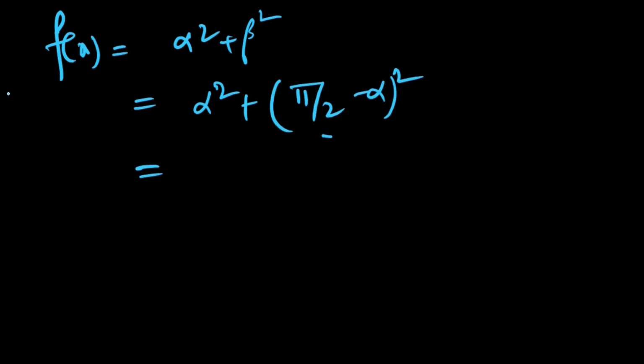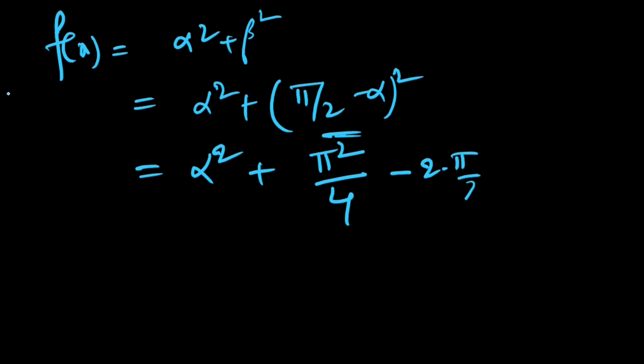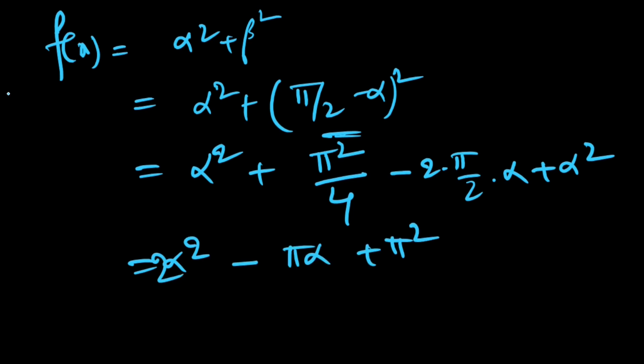Therefore we expand this term using (a minus b) whole square. That is alpha square plus pi square by 4 minus 2 into pi by 2 into alpha plus alpha square, which actually is 2 alpha square minus pi alpha plus pi square by 4.